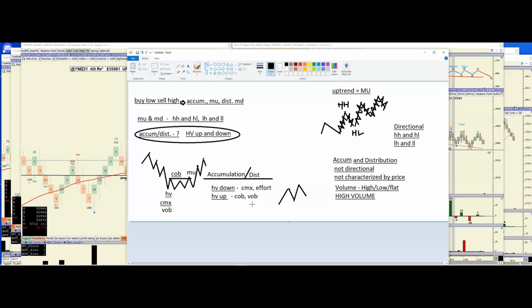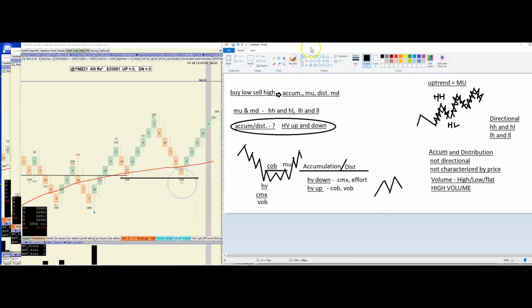The chief characteristic of accumulation is high volume, and that volume is expressed as these four behaviors: climax, effort, COB, and volume off the bottom.